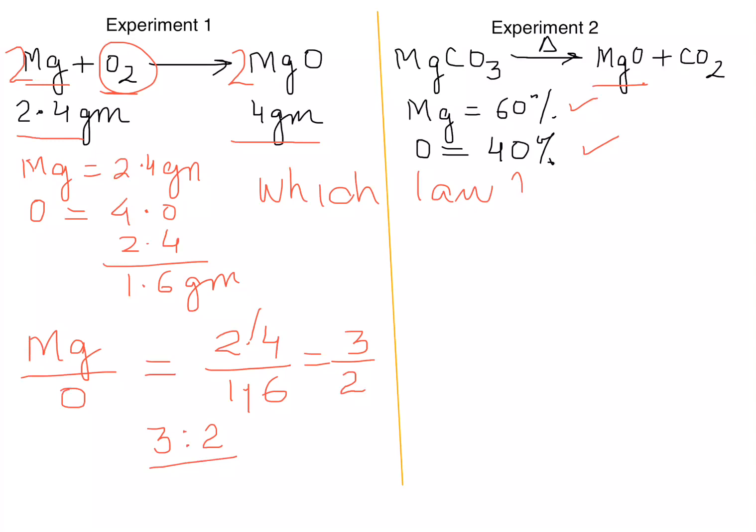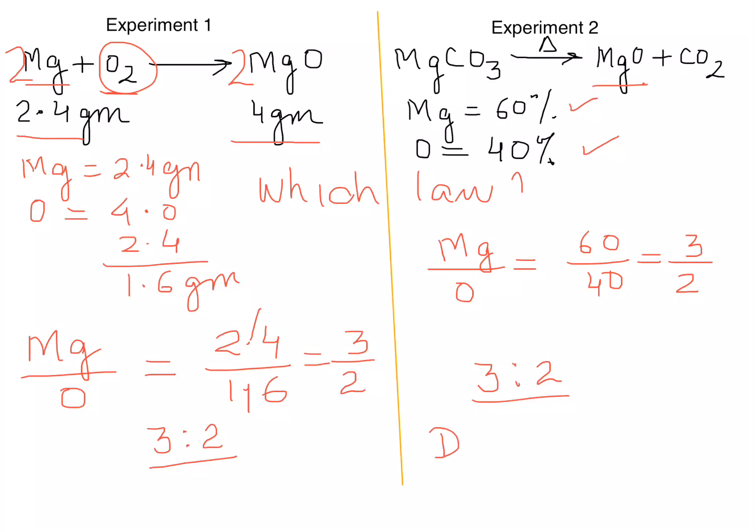Let us take the second case. Now here both the values are given to us as a percentage. So let us determine the ratio of magnesium to oxygen. 60:40. Correct? Again, that is simply 3:2. So if you see the ratio of the elements by weight in both the cases is the same.